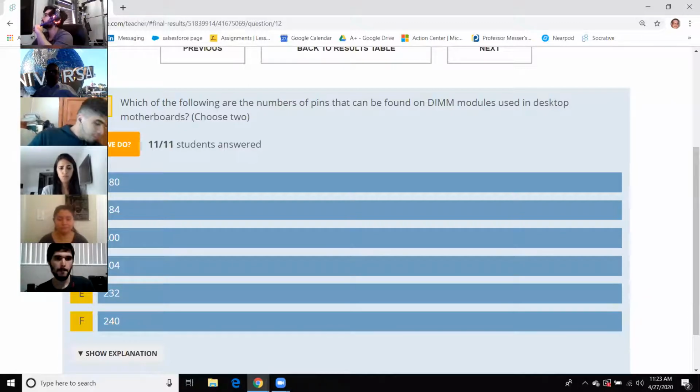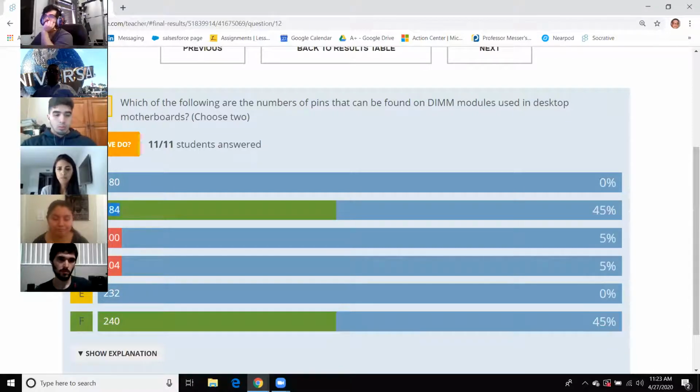Alexa, which of the following are the numbers of pins that could be found on DIMM modules used on desktop motherboards? Choose two. 240 and B, 184. That is correct. 184 and 240.